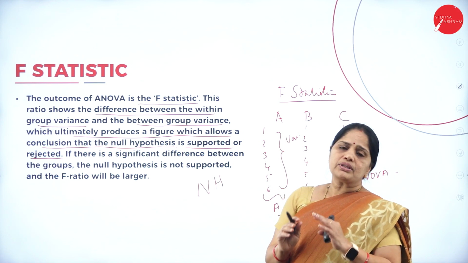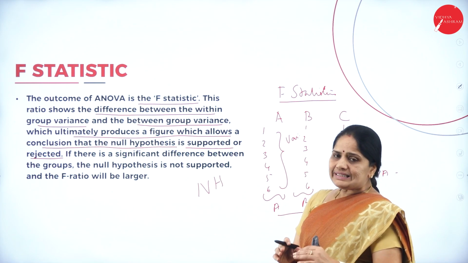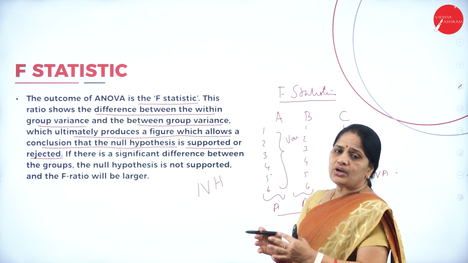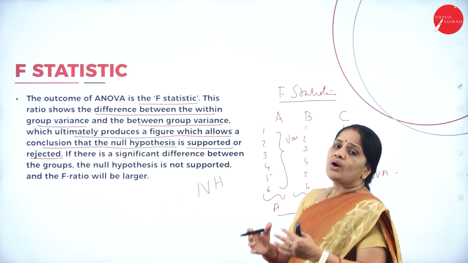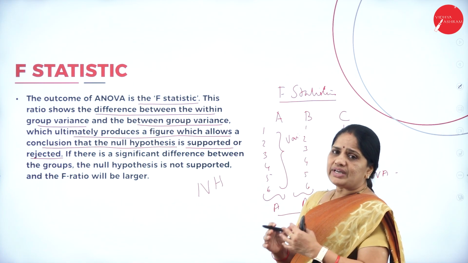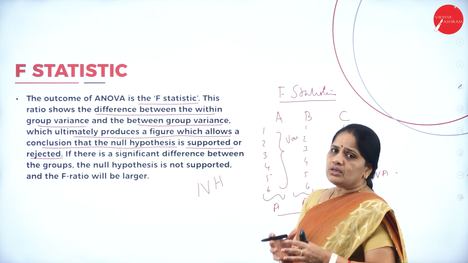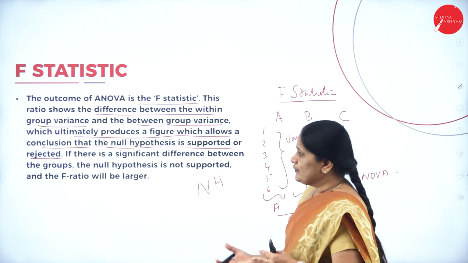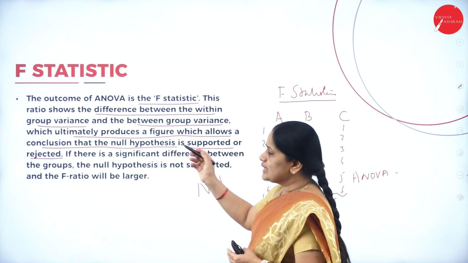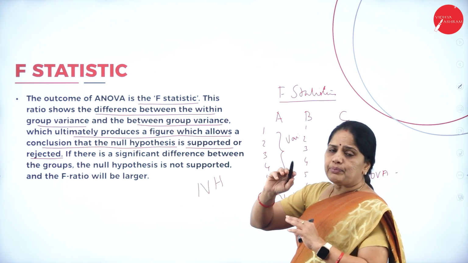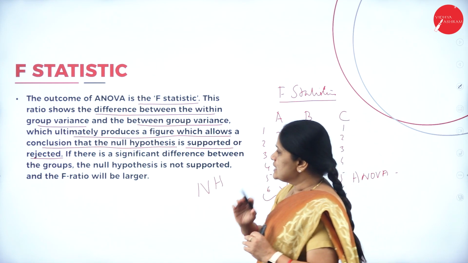The null hypothesis will tell us whether that medication is useful or not, whether the medicine we have given to the patient is working or not. So that we can prove or disprove it. So it is either supported or rejected.